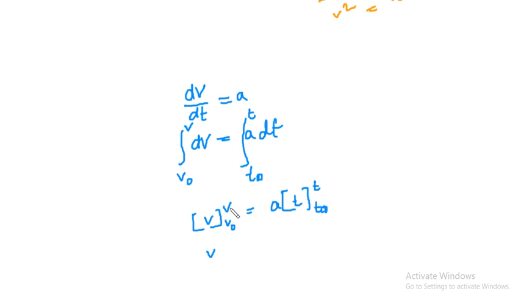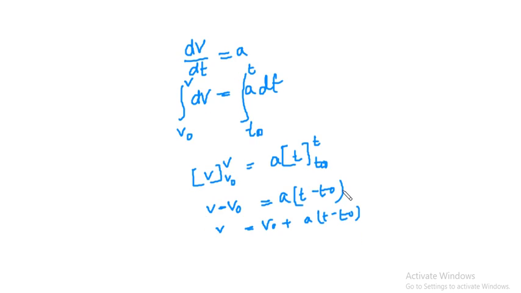So I will put the upper limit first, that means this one, v, then minus the lower limit. I have to put the lower limit in the place of v, so it is v minus v0, and for t, I have to put the upper limit first, t minus t0.